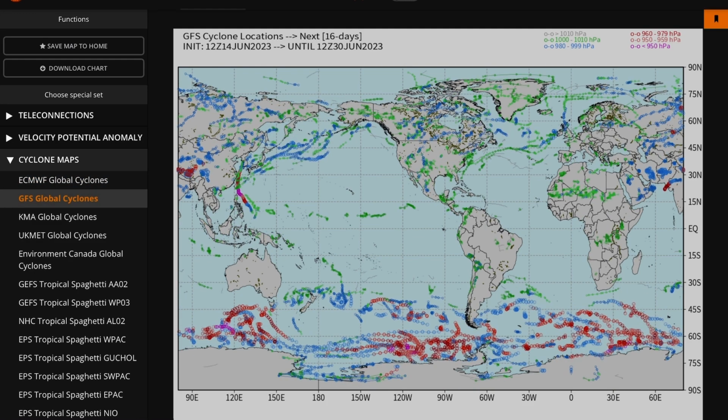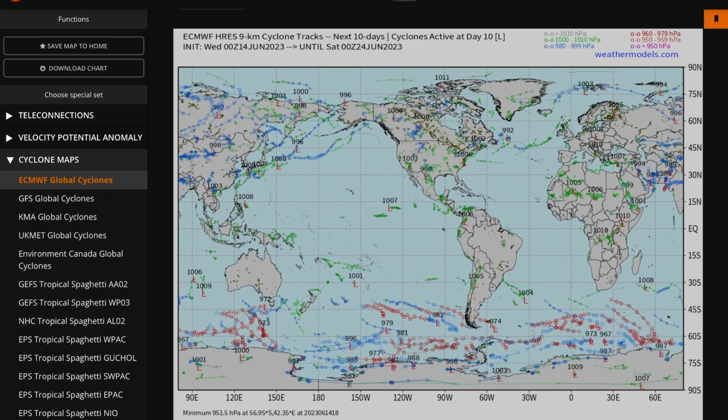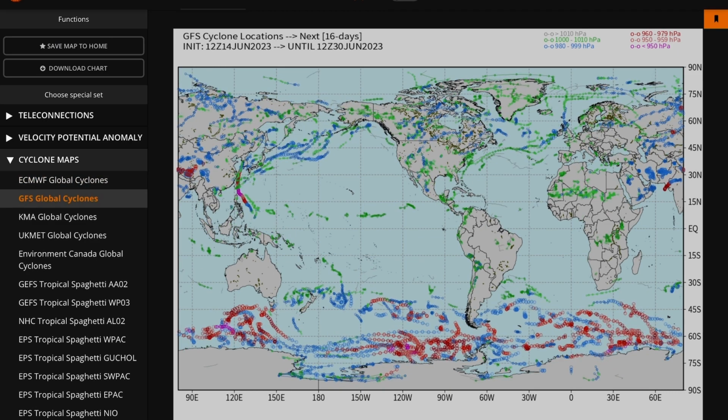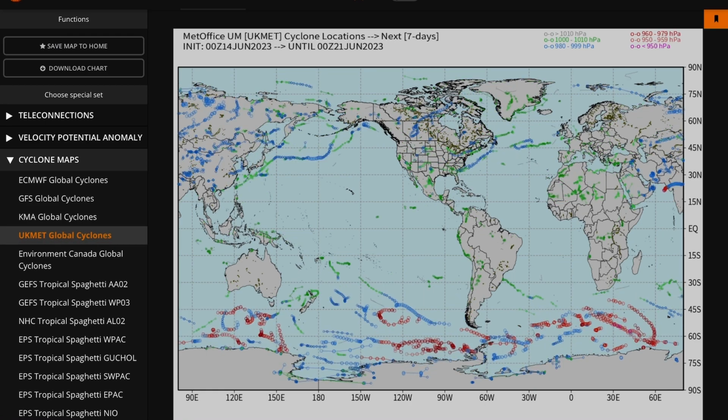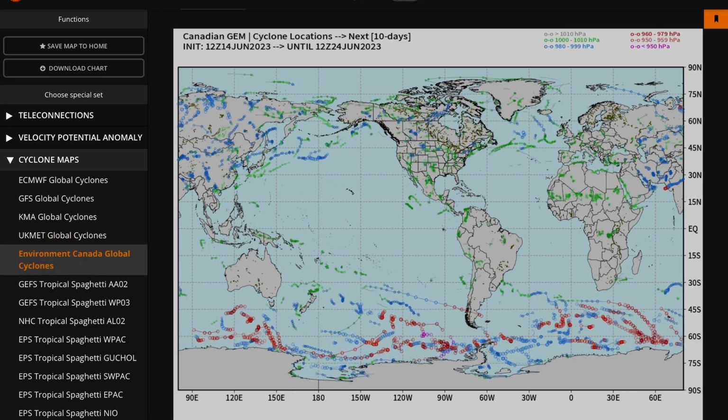GFS having something huge in the Western Pacific, but in the Atlantic, of course, we do see potential Florida low, as always, and something potentially like a low in the MDR. KMA, nothing really, because of course UKMET showing a low coming off and becoming a tropical storm, and that's going to be the final part of the video, actually.